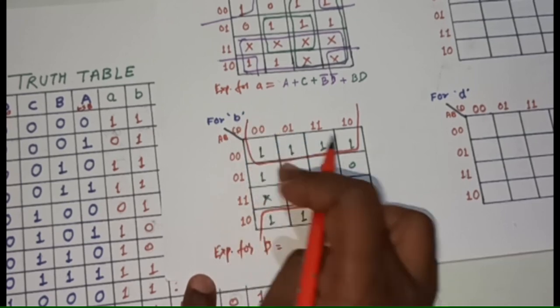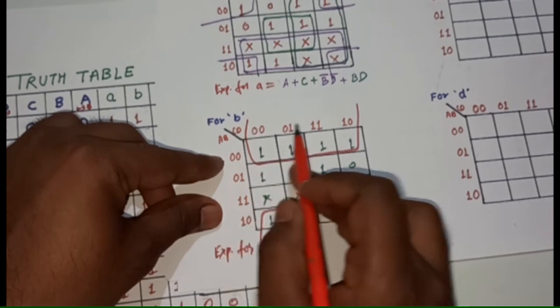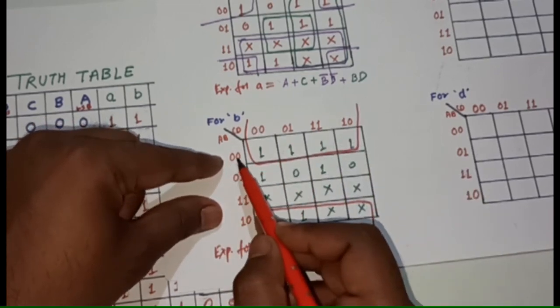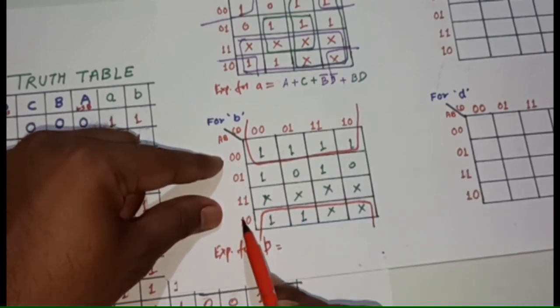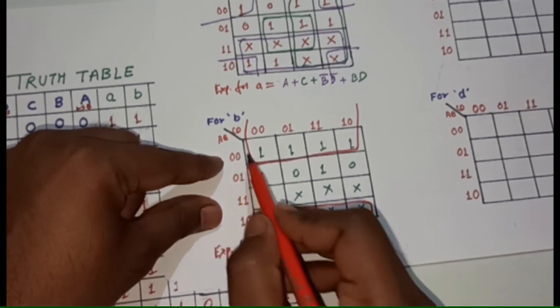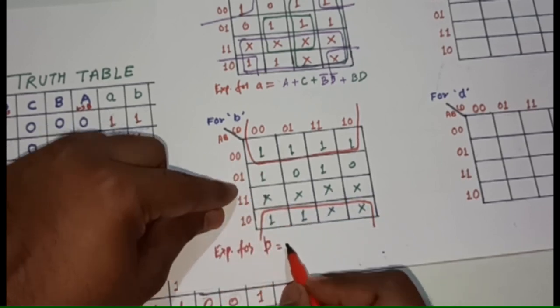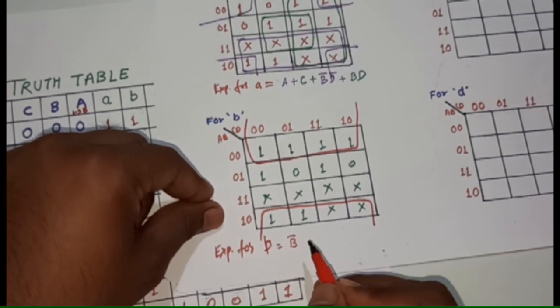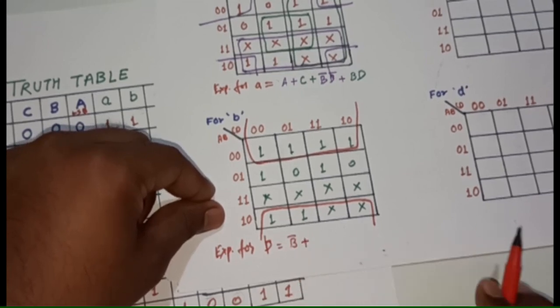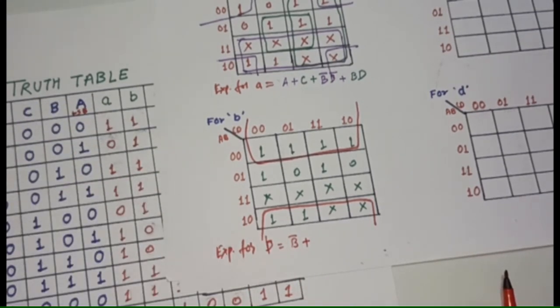For this octet, what is changing? C and D are all changing. In these rows, is A changing? Yes, A is changing, but B is not changing. But B is what? 0. So it is B bar. Next, is there another possibility of finding an octet?